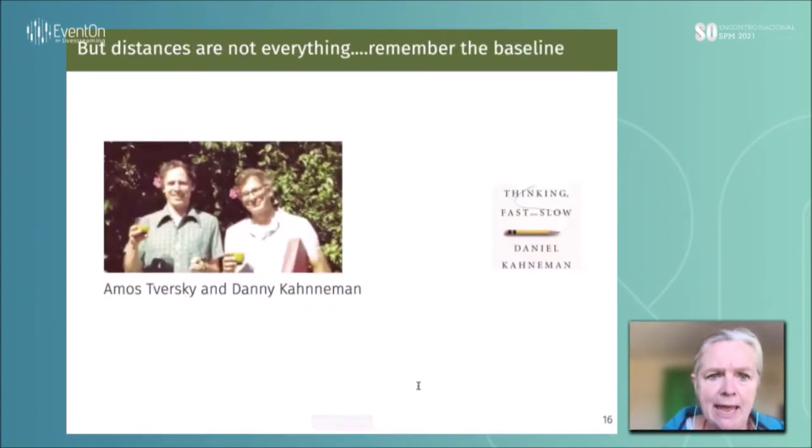and so you could make them so that they do by just putting in a rescaling. And I think that as we go towards using distances, I want to remind you of this very important point, which is the reason that some of the geometry here is a bit complicated. And that's the fact that distances aren't everything. You have to incorporate the baseline probabilities. And there's this wonderful book by Danny Kahneman, Thinking, Fast and Slow, which explains that we forget about the baseline.